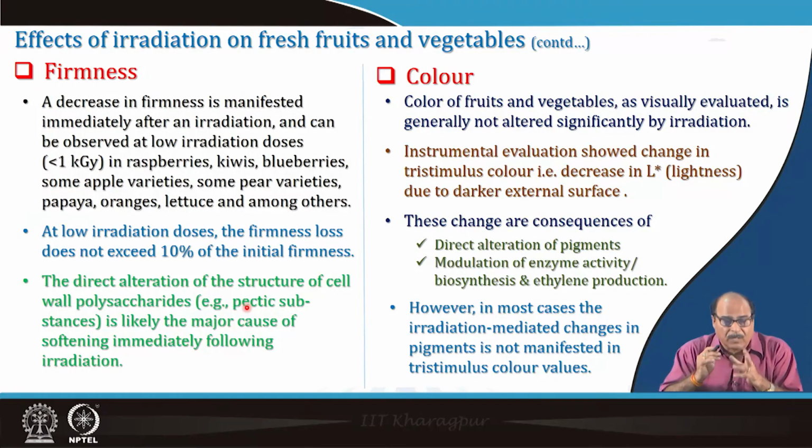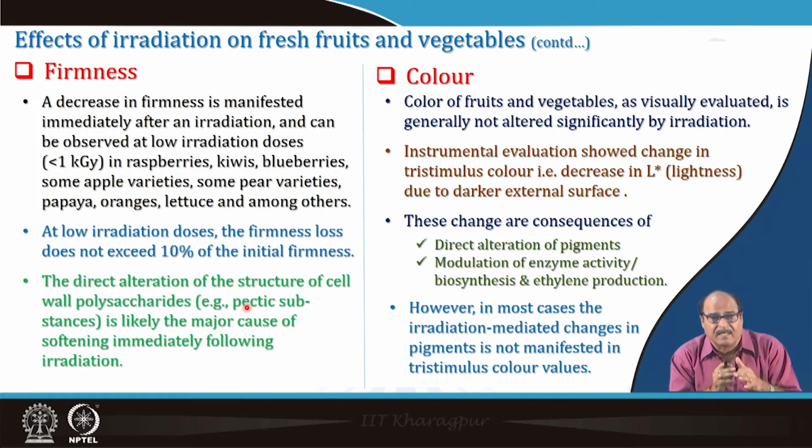Okay. Effect on firmness: a decrease in firmness is manifested immediately after irradiation and can be observed at low irradiation doses, less than 1 kilogray, in raspberries, kiwis, blueberries or some apple varieties, some pear varieties, papaya, oranges, etc. At low irradiation doses, the firmness loss does not exceed 10% of the initial firmness.